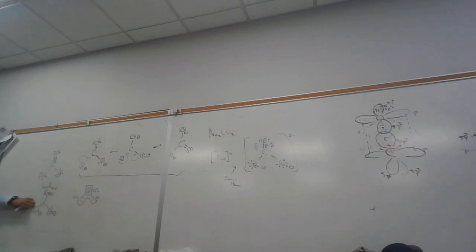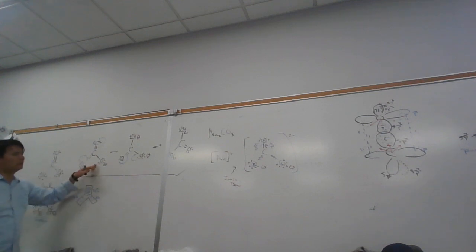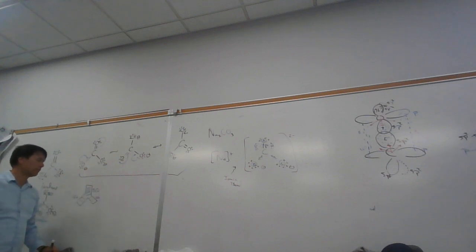And so this does not look as stable as this. This looks quite a bit more stable because there are no formal charges. Unstable. Whereas if I tried to rearrange the electron cloud here, there's no problem because they're all the same in terms of energy.